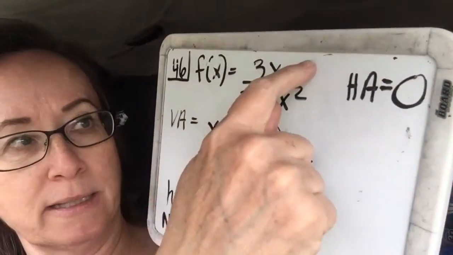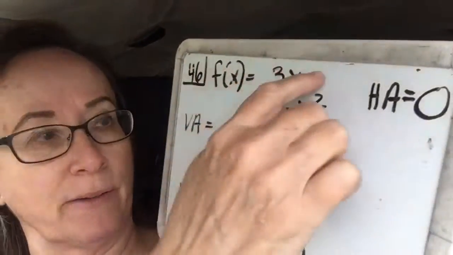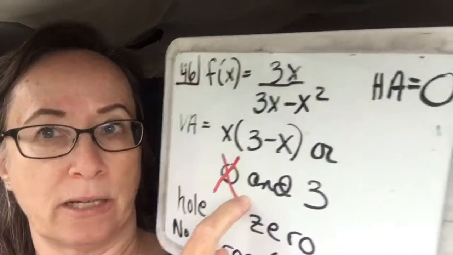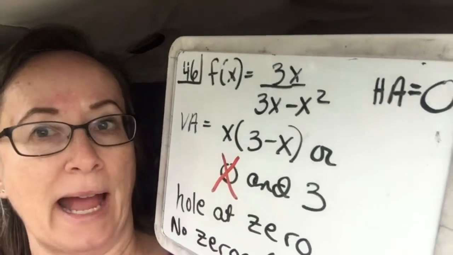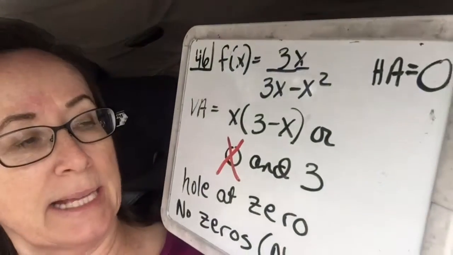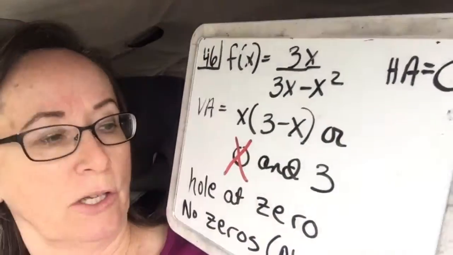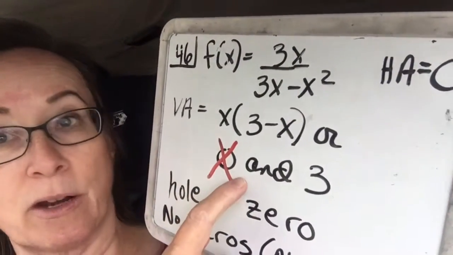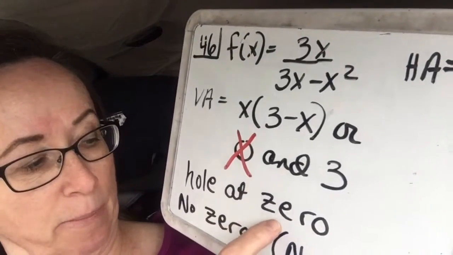But we also had a 0 of 0 in the numerator, and the 0 of 0 and the vertical asymptote of 0 will cancel each other out, and we will get a hole. So instead of a vertical asymptote at 0, we will get a hole at 0.